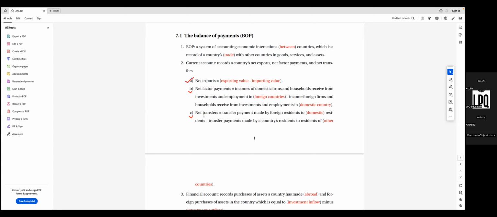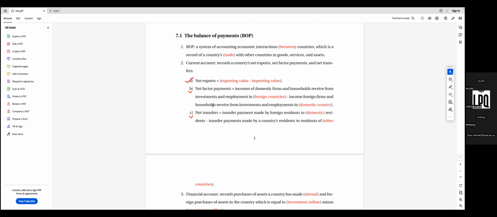So my question for you guys is, besides international trade, is there any other reason money can leave from Canada or flow into Canada?